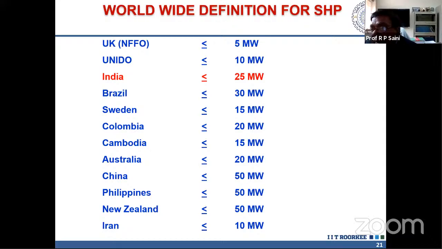Nowadays no hydropower plant is being constructed based on a huge reservoir, so the capacity of those plants is limited. I think you got it.